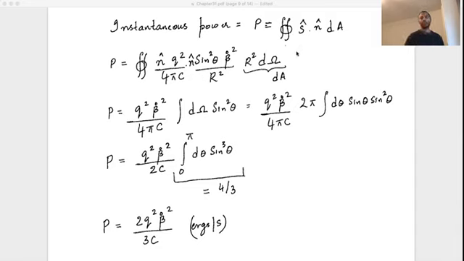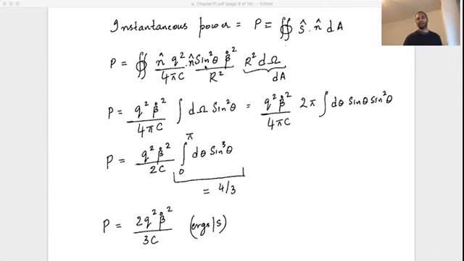There are a few ways you can do it, but this is one way I'm going to do it. This is just the Poynting vector from the previous page. I've just written that down, and it's in the direction of n hat. So I'm just going to dot that with an area element, and the area element again is pointed along n hat.